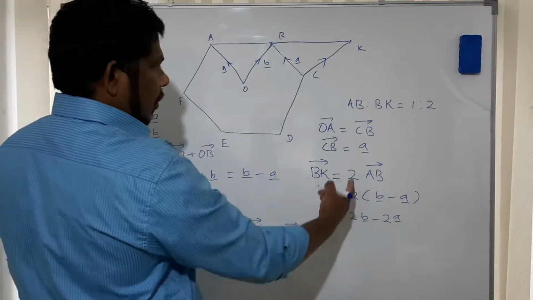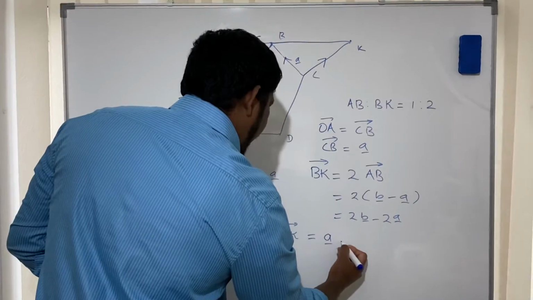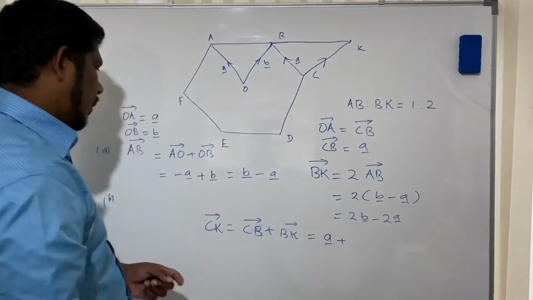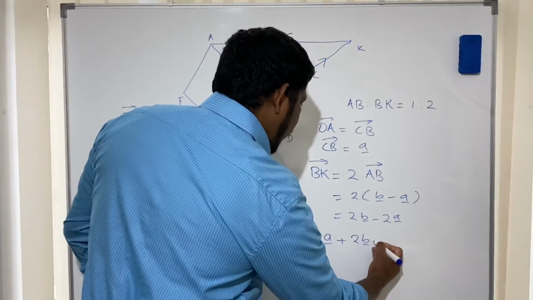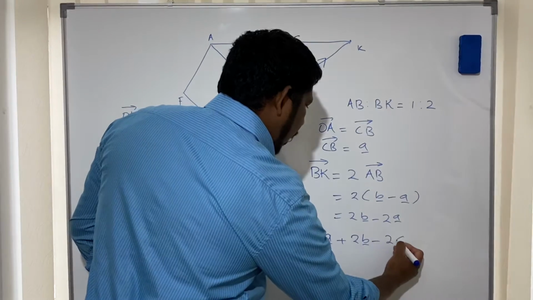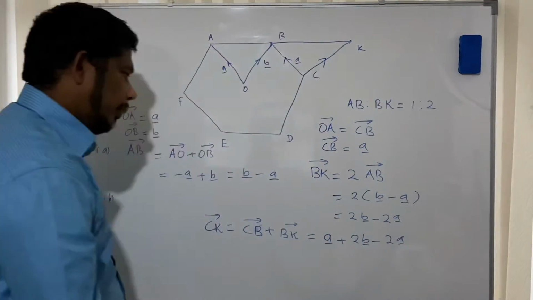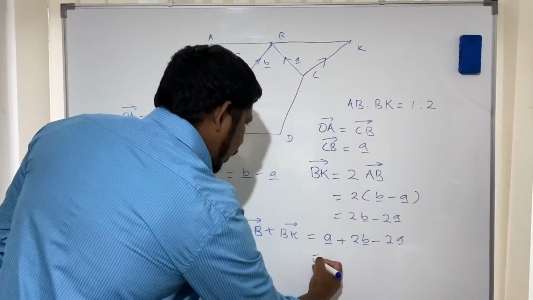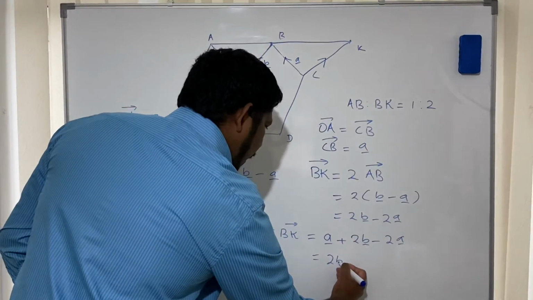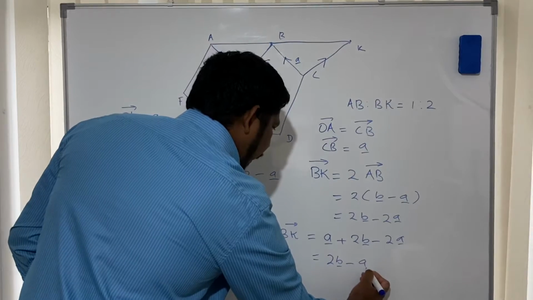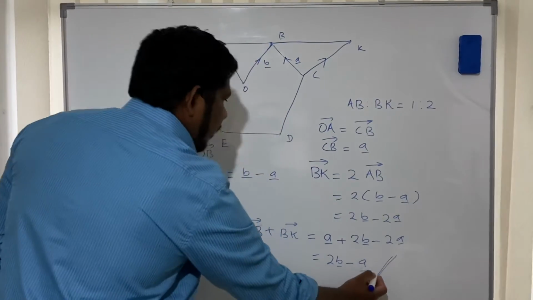We know CB is vector a, and we know BK is 2b minus 2a. So it's going to be 2b minus vector a. This is the answer.